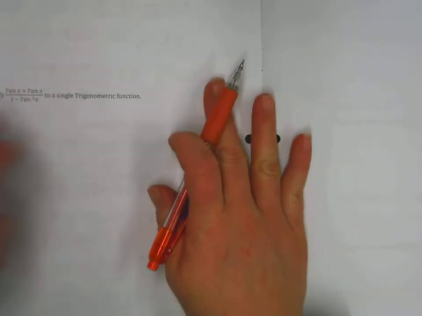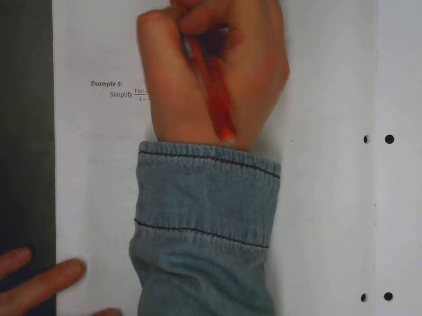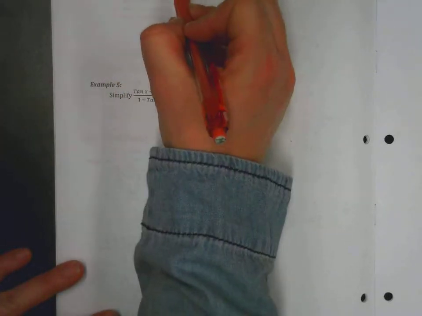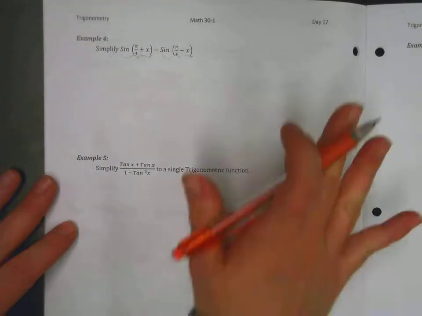Okay, moving on to example number 4. Simplify the following: sine of pi over 4 plus x, minus sine of pi over 4 minus x. So again, remember, we cannot run this sine through the set of brackets. So technically what I have is 2 sets of sum and difference identities here.